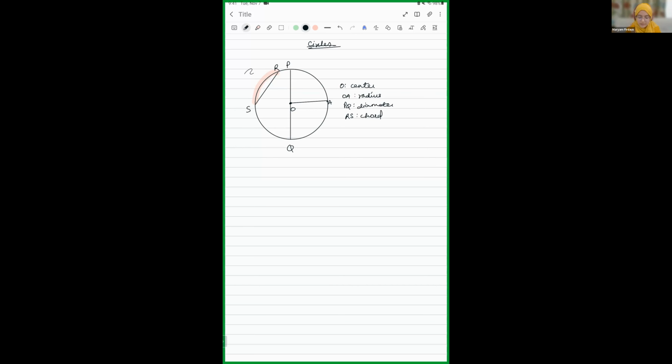So this part is an arc, but then the remaining part of it is also an arc, right? So the small one is called the minor arc, and the big one is called what? The major arc. Very good.